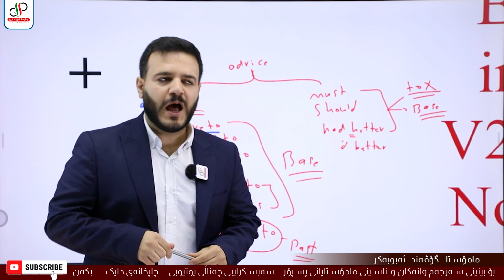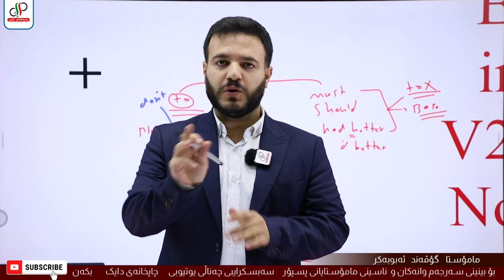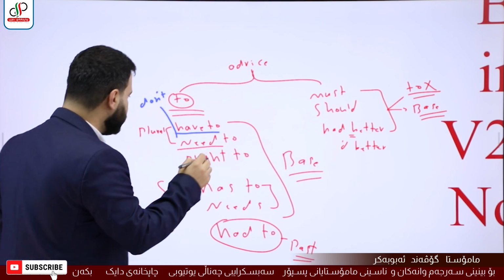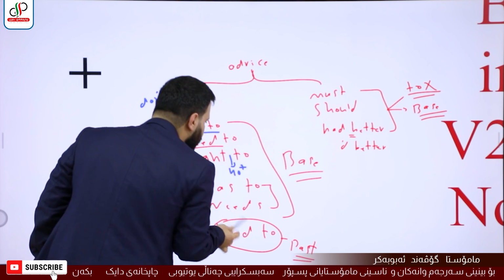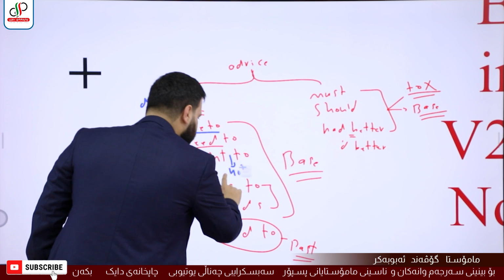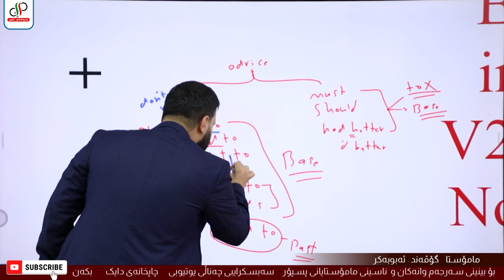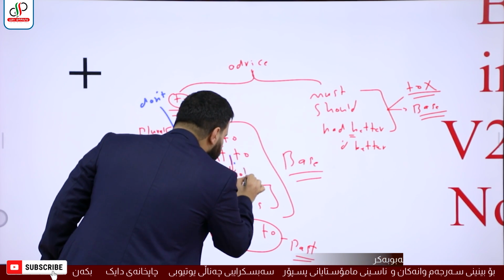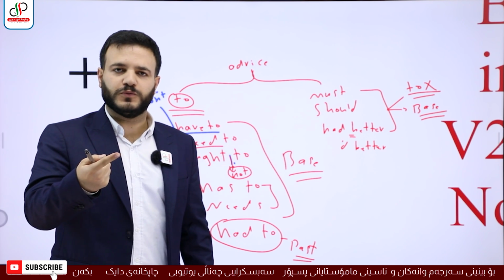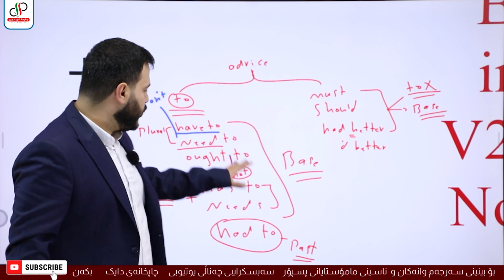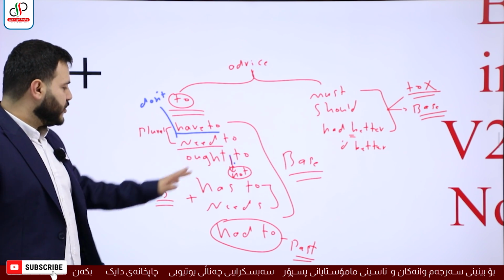Or should I say I don't ought to? No, it's wrong. Be careful. We have to add not here. Sorry about that. We just make it negative by that. We have to say ought not to. We just change it into negative form, just like that.